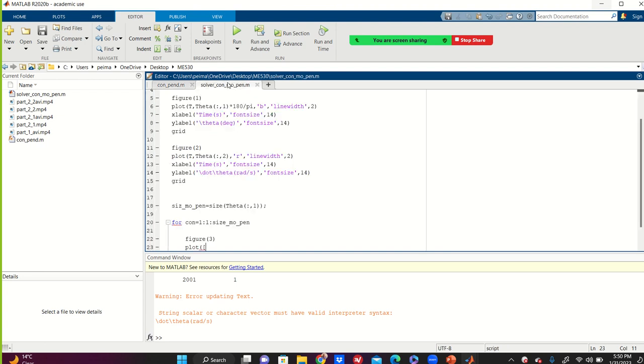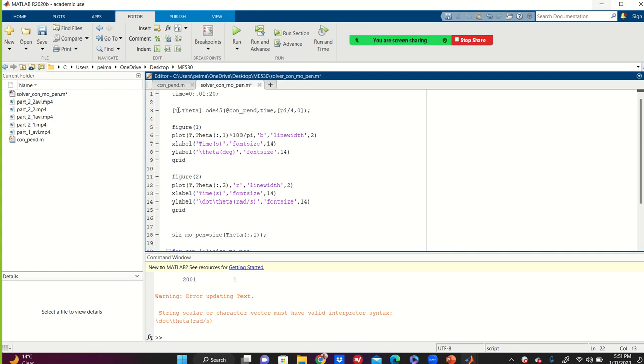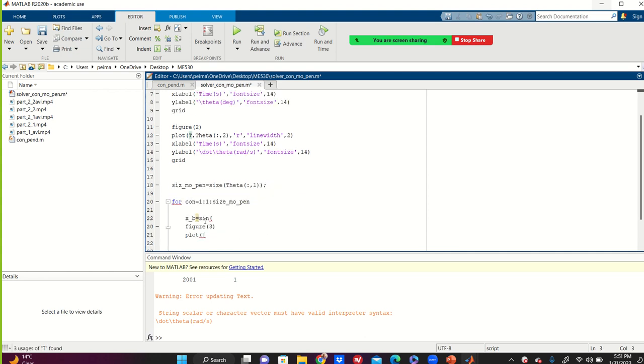Okay. So look at here, your x of base was sine of t, but I have to read all the t's. So look, all the t's are here, exactly like theta. I'm going to say t, all the rows and the first column.